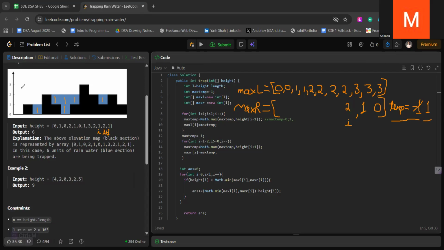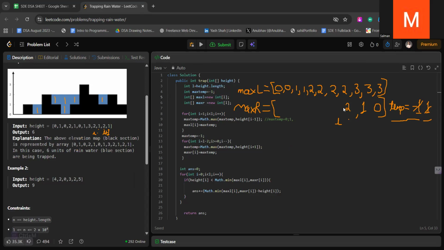Now let's do this. Move this I to here, right? And move this I to here. Now what I did was I went to the maximum, and the max is also updated to 2.